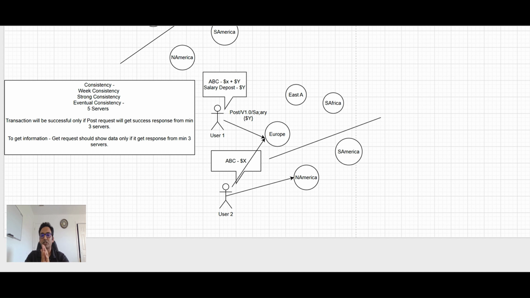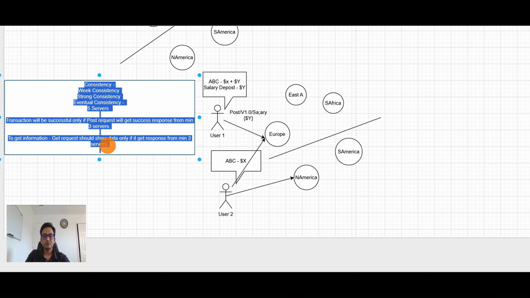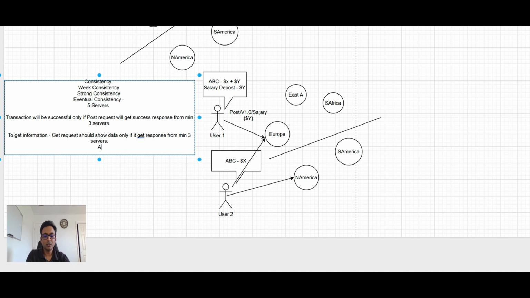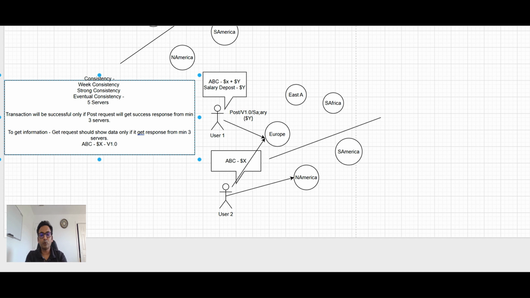When the ABC account had $X, it was version 1.0. When the post transaction was executed along with the salary $Y, it says that now the balance is $X plus $Y and the version is 2.0.